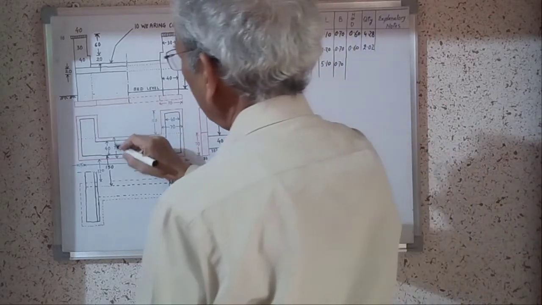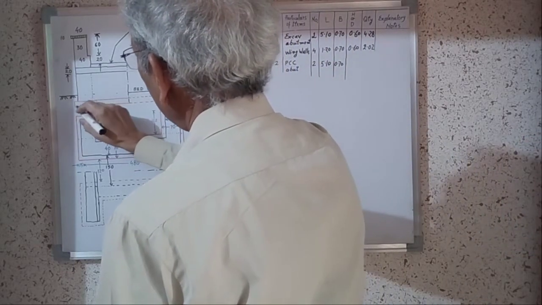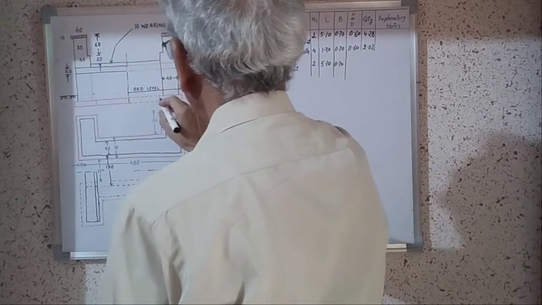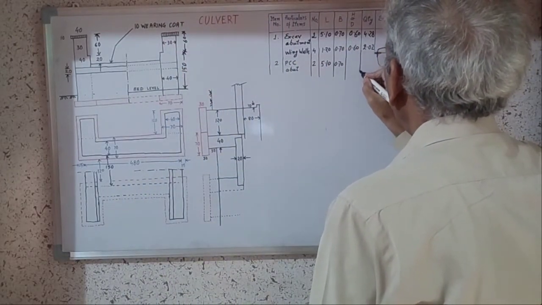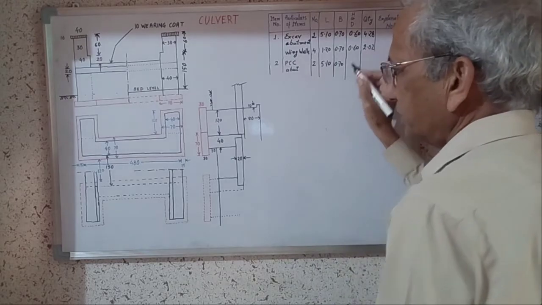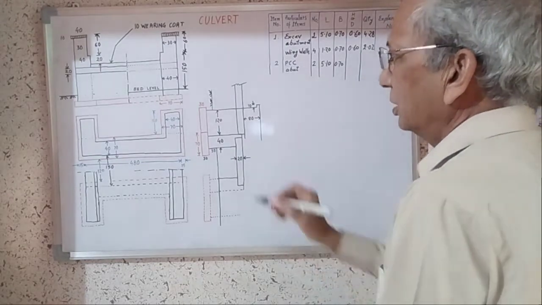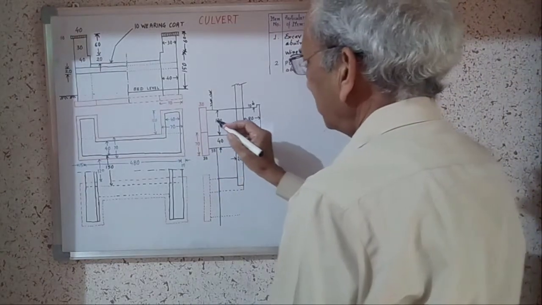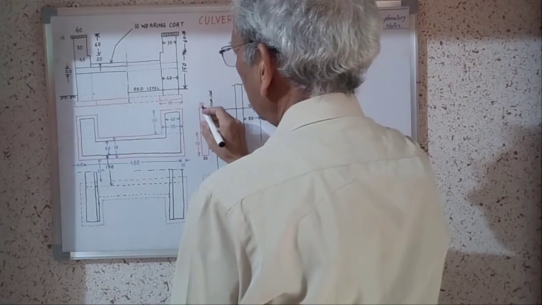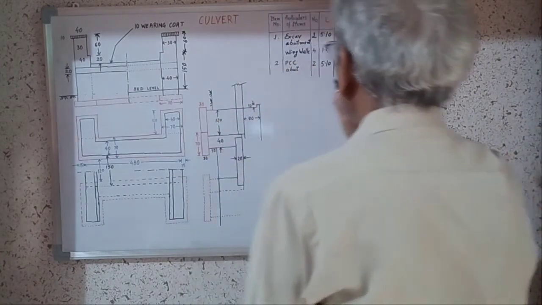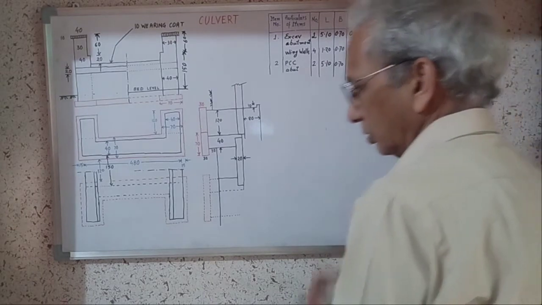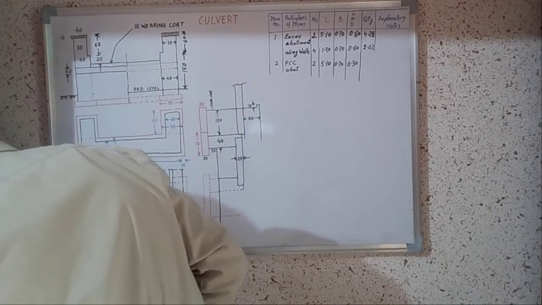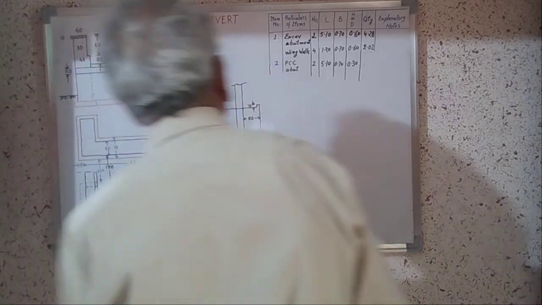We have provided this PCC in 70 centimeter. Now depth will be different. Here excavation depth was 60 centimeter, but here the depth of the PCC will be 30 centimeter. Now the quantity of the PCC will be 2.14.